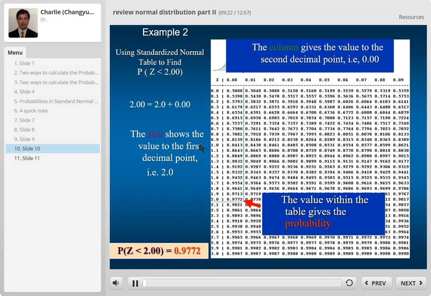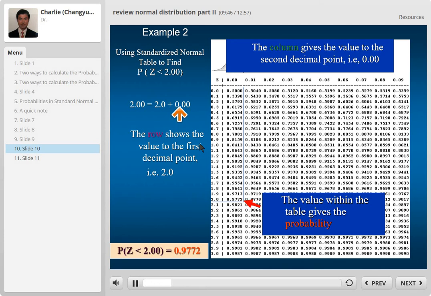Now we're going to use this table to find the probability of z smaller than 2.00. Let's slow down here. We're going to break down 2.00 into 2.0 and 0.00.